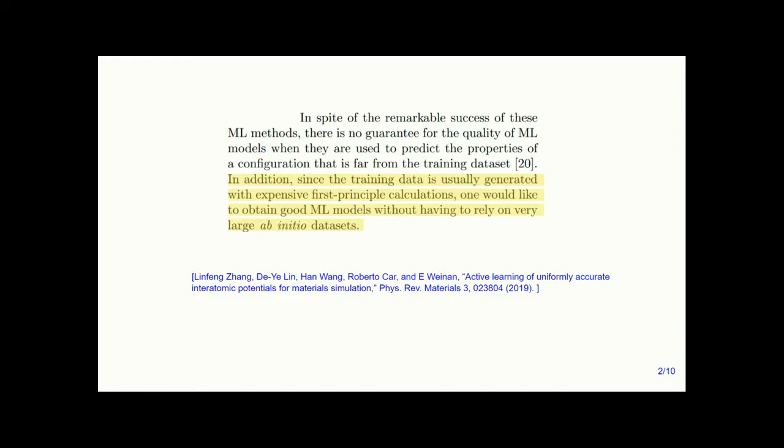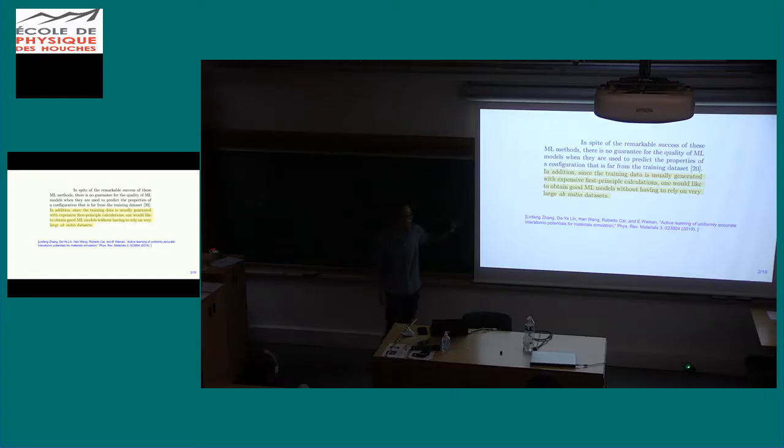So this is not just theoretical wishful thinking, it happens in practice. One setting which I find particularly telling where such a limitation can be encountered is this paper by Zhang and collaborators. Those guys are doing physical chemistry and they want to train a machine learning algorithm to predict some interatomic potential in materials.